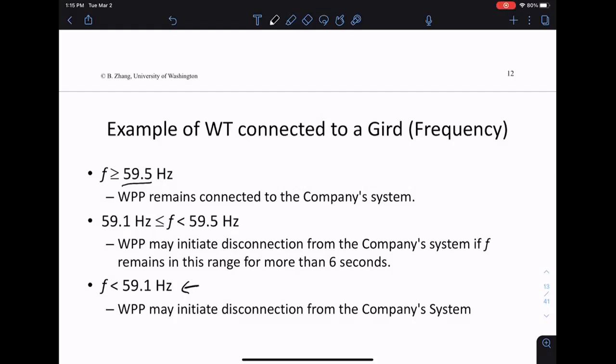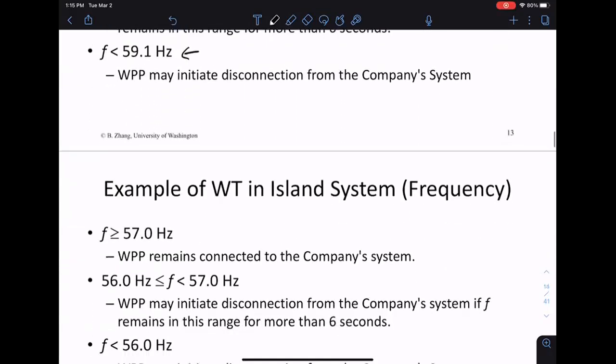Similar to the voltage code we have, we may require wind to trip out, let's say, at 58 hertz rather than 59 hertz. These are the things that after a big event, we'll go in and determine what happened.